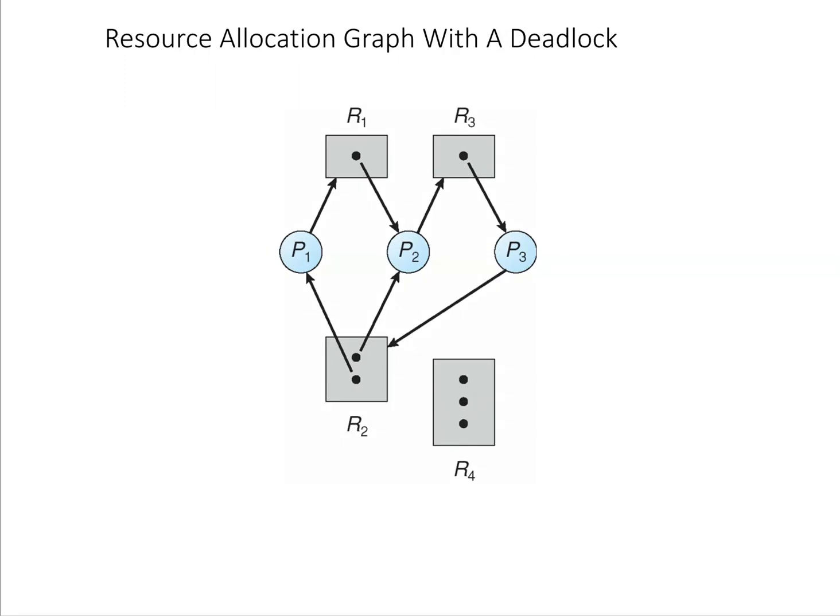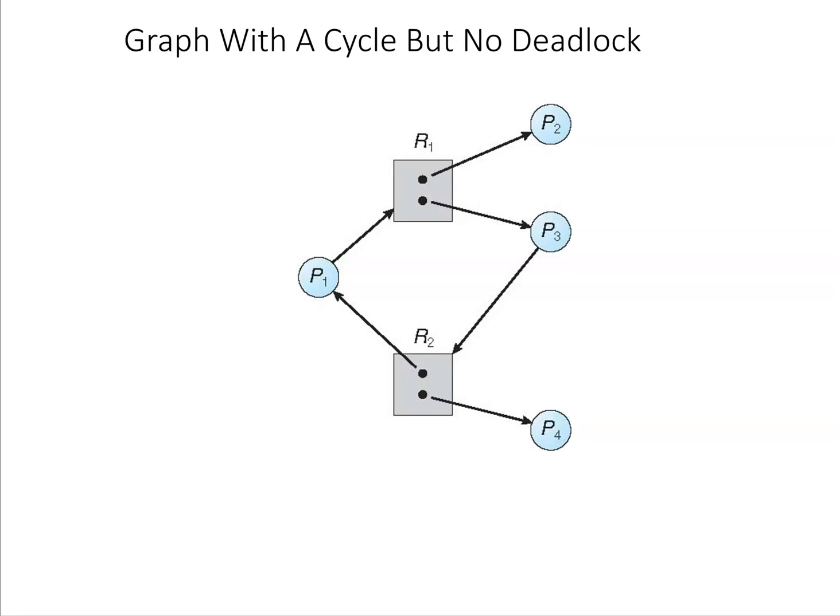If we have a deadlock, what we'll have is P1 holding resource 1, P2 holding resource 3, P3 holding resource 2, which is also requested by P1, so we've got a loop. Now we can also have a cycle that doesn't cause a deadlock because the processes don't share resources.